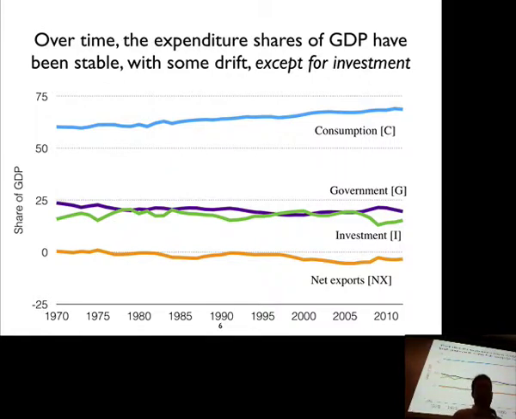So I debated whether I should monkey with it or even show it to you at all, and I decided to just leave it in there and try to explain what's happening. The key takeaway is that consumption, although it is trending upward slightly, is basically a straight line with a few little hiccups along the way. But it's a lot more stable than investment.